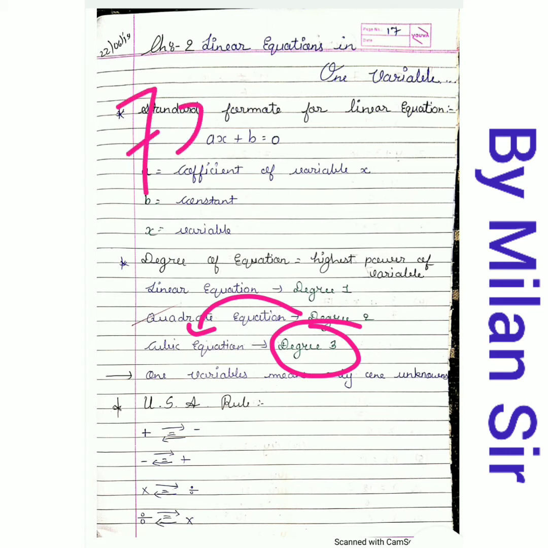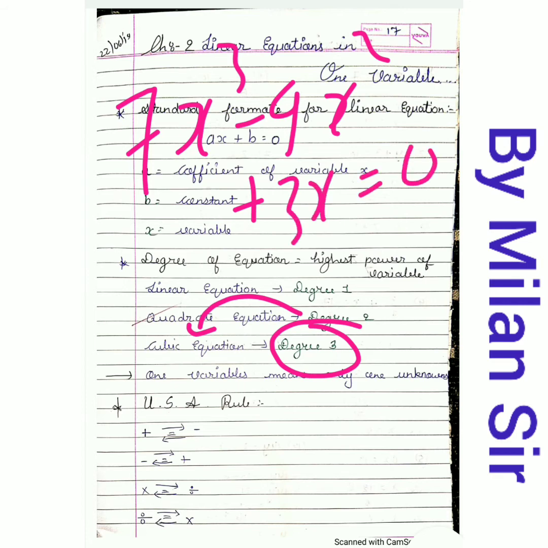Suppose 7x cube minus 9x square plus 3x is equal to 0. Here the highest power of the variable x is 3, so it is called a cubic equation. If the degree is 1, it is a linear equation; if 2, a quadratic equation; if 3, a cubic equation.